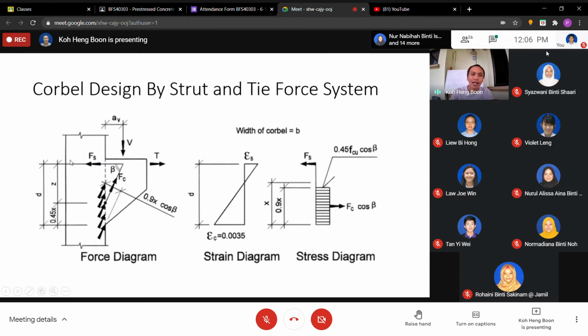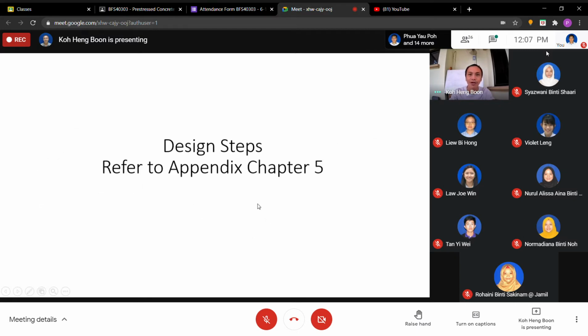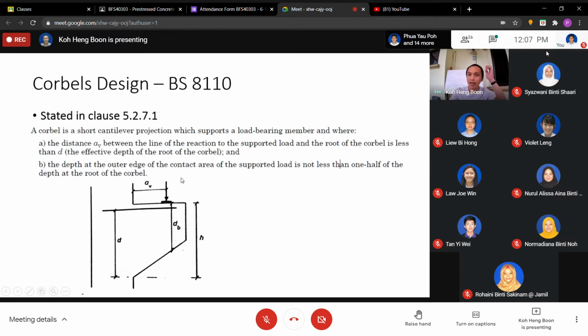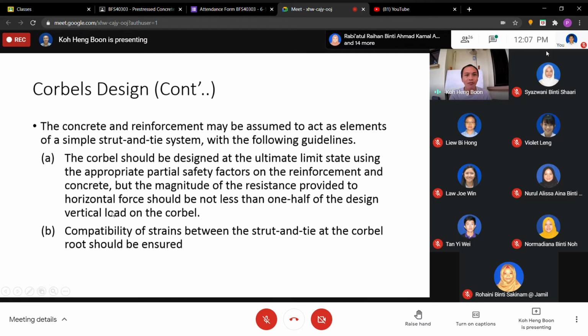If you get the T only 300, you have to use half of 1,000, which is 500, to design for the T. So T is not less than 1/2 of the design vertical load on the corbel.